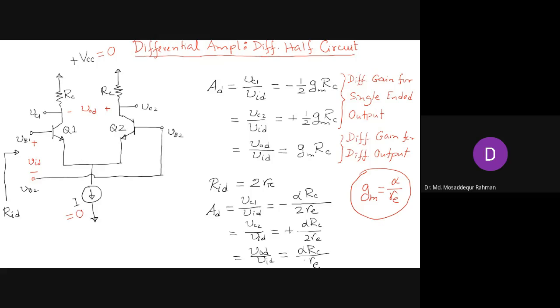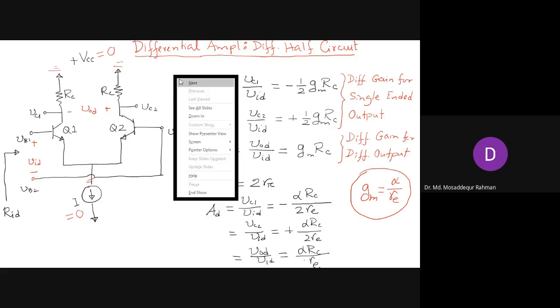That's the first step we do before we analyze the differential amplifier or any amplifier. Then this will be connected to ground, and this part will become open circuit.